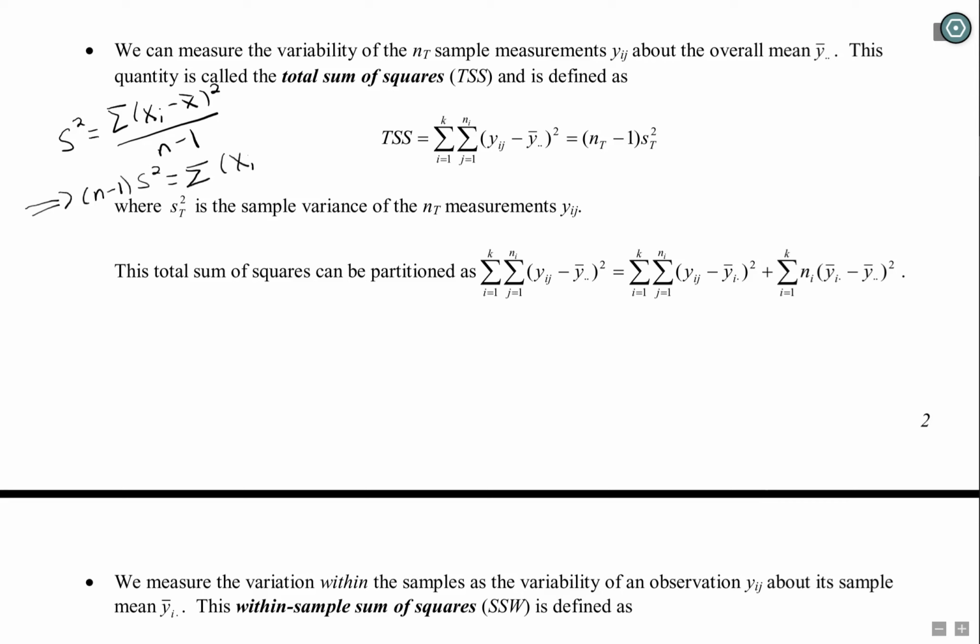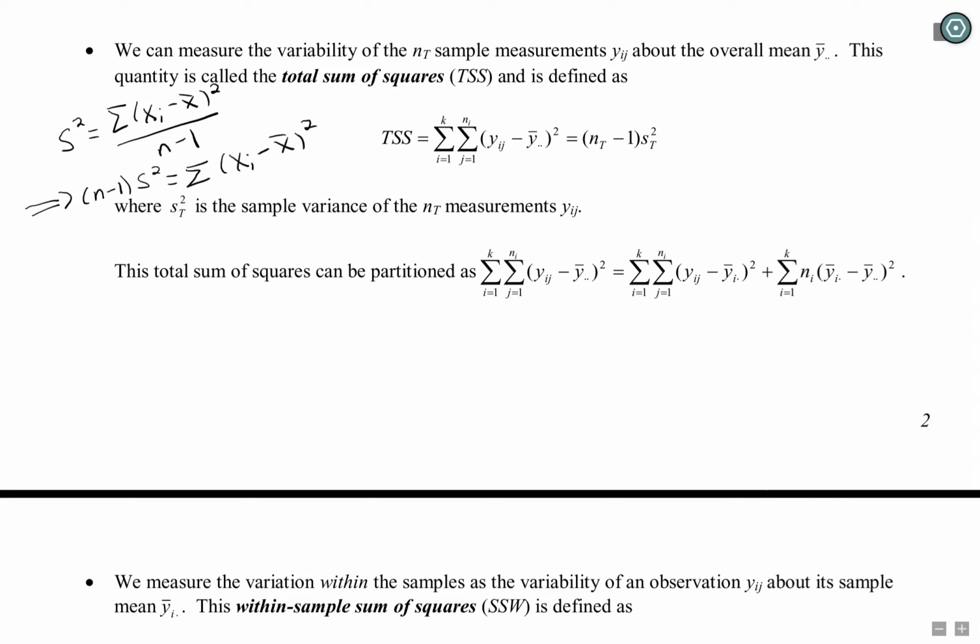And if you do that, then n minus 1 times s squared equals the sum of the square deviations in x. Okay, so that's an important principle, that if you want the sum of the square deviations, another way to get to it is to take the sample variance and multiply it times the sample size minus 1, and that's what this does right here.